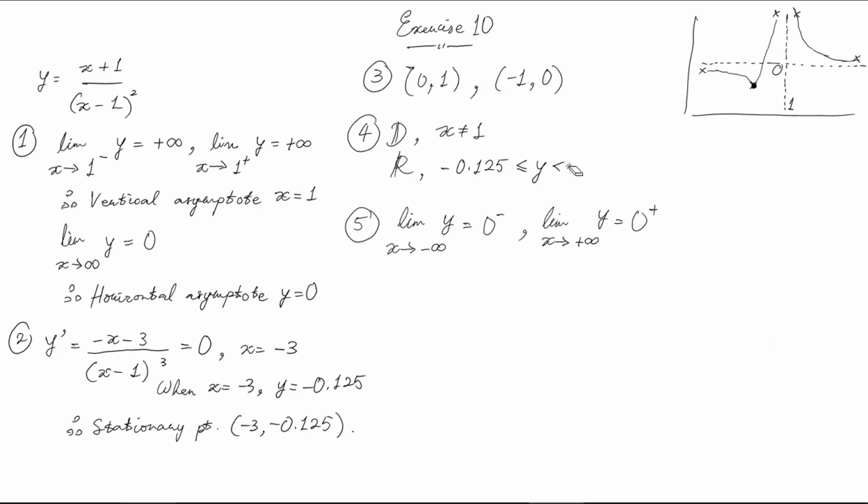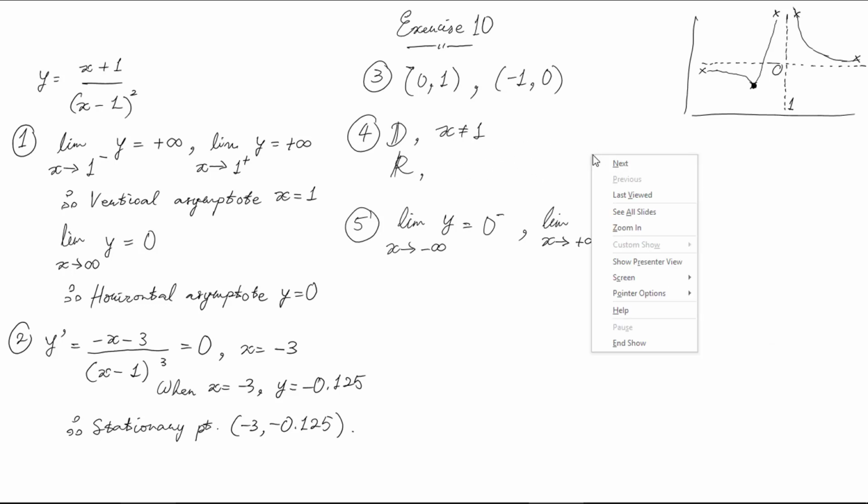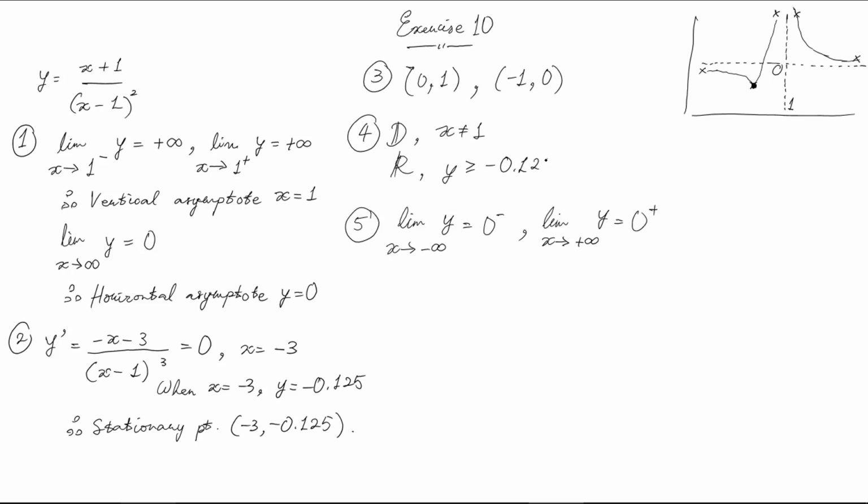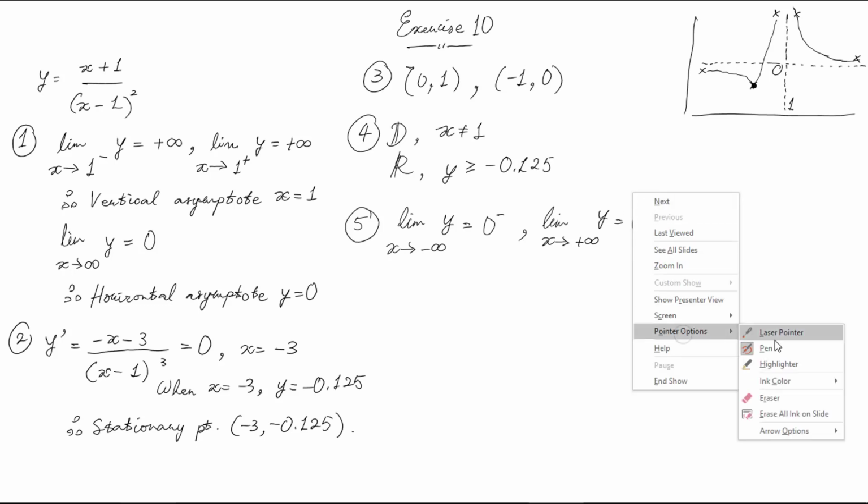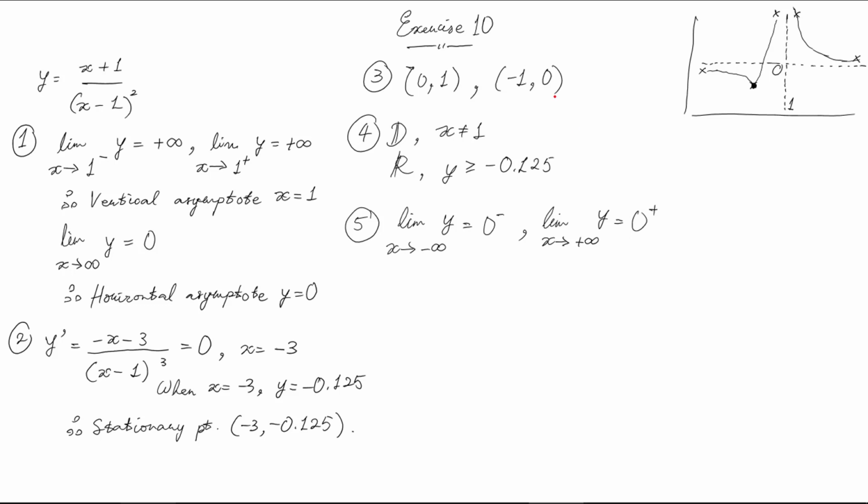I just simply need to write y is greater than or equal to negative 0.25. Okay, so for the interval notation, let's use the red color. You can say that this one is from negative infinity to 1, and then 1 to positive infinity, and this one is from negative 0.125 inclusive to positive infinity.